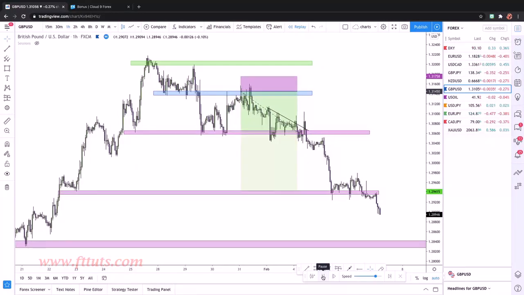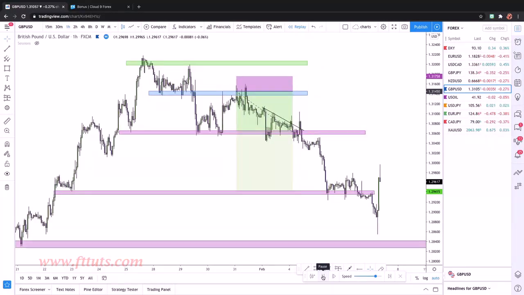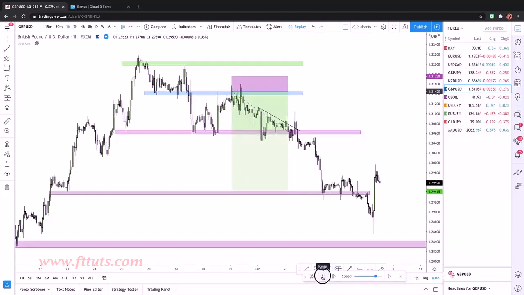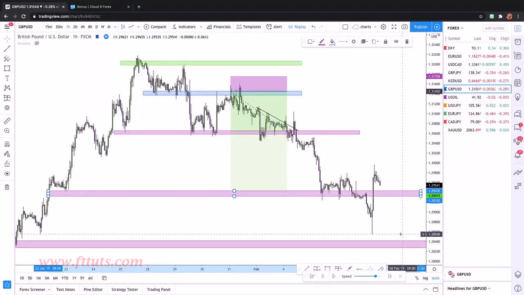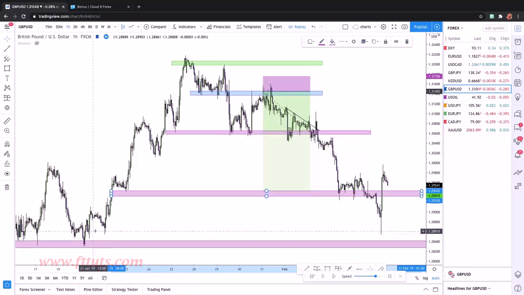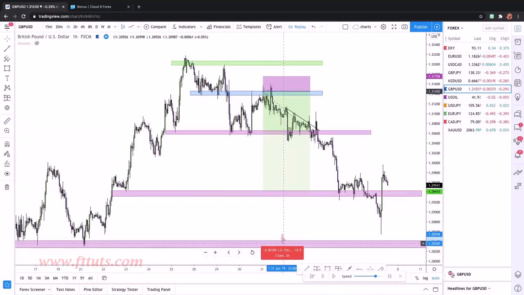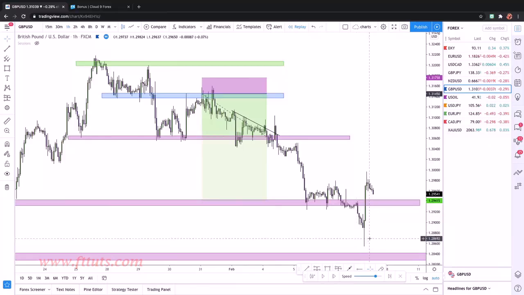Breaking, and then full force down. Okay, so it gets to, instead of that low, it gets to around here, around 128.555. So it was about, I think, 10 pips closer, or 20 pips closer than expected.